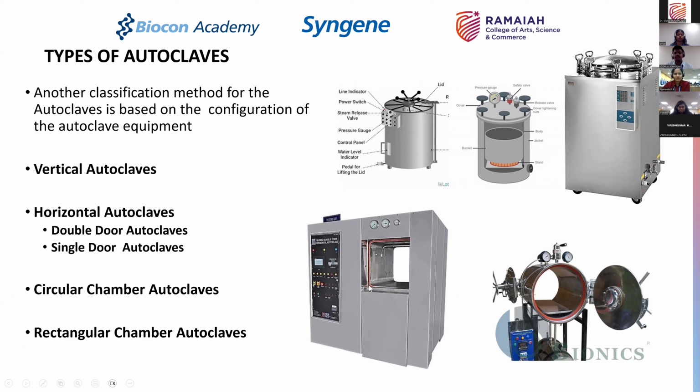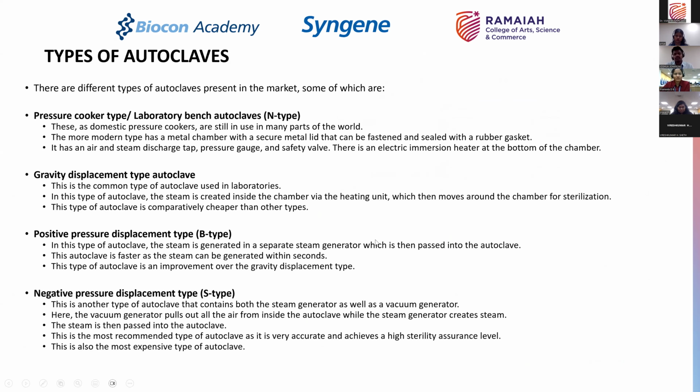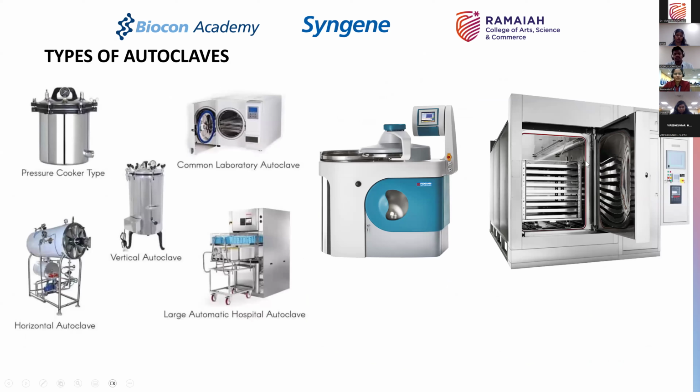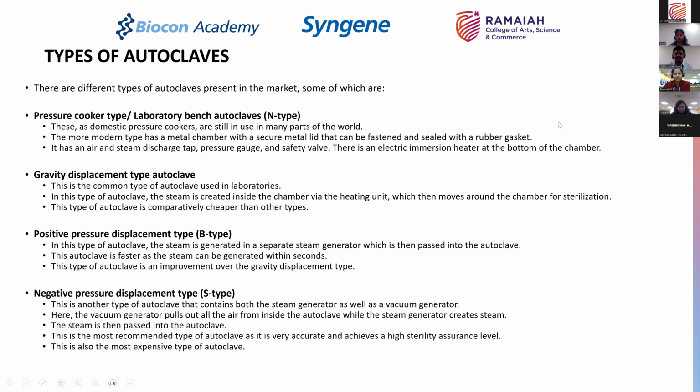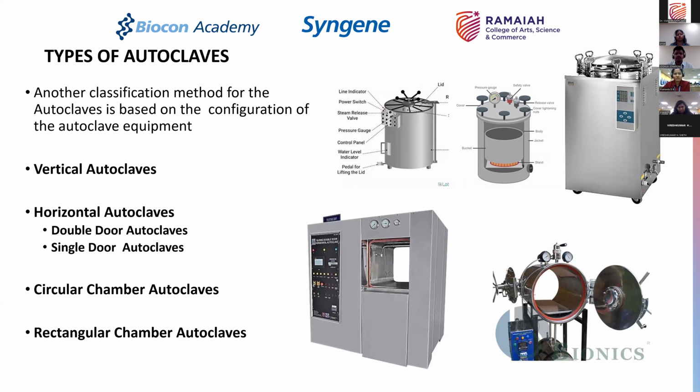When you talk about a rectangular chamber, to get the sealing ring right is also a technique, because if you don't get this ring right, because this is sealing the door to the chamber, then there will be leakages from the chamber. When you have leakages from the chamber, your sterilization will not be efficient. So both of these configurations, I'm not saying which is right or wrong.